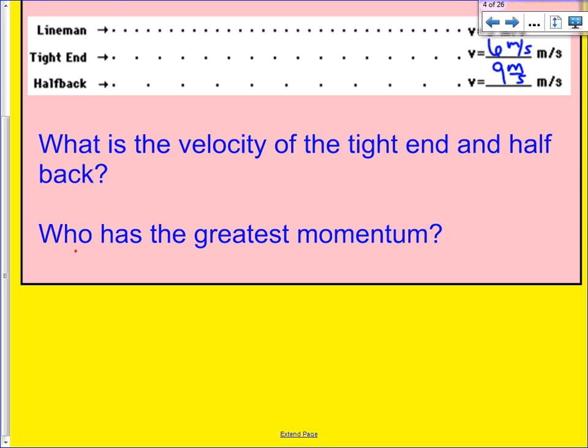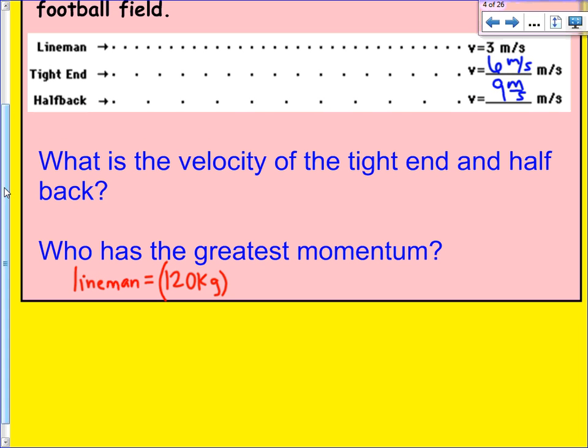So for the lineman, his momentum is going to be 120 kilograms times his velocity, and the velocity for the lineman is 3 meters per second. If we multiply those out, we end up getting a momentum of 360, and remember the units are kilograms meters per second.